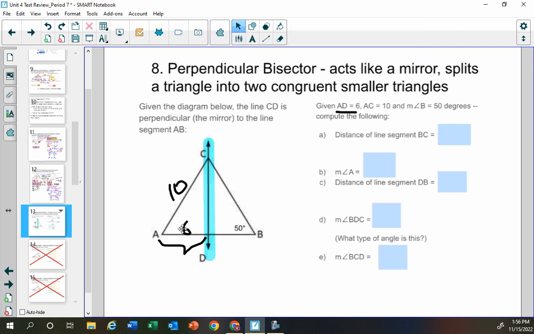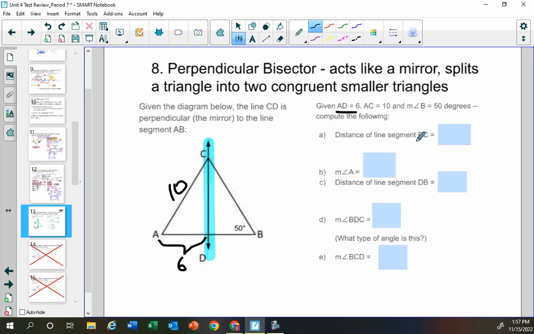Okay, let me put the 6 underneath. But think about this like a mirror. Because basically, this is a mirror. Whatever you see here, it's going to be the same as what you see over here. But there will be some other things we have to talk about with our perpendicular bisector.